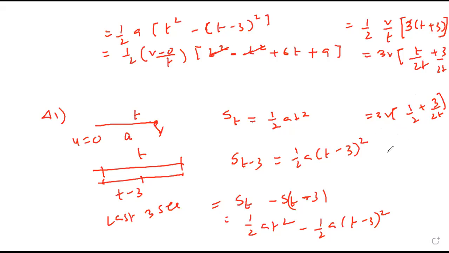If you bring 2 outside, 3v upon 2 into 1 plus 3 upon 2t. Which option?